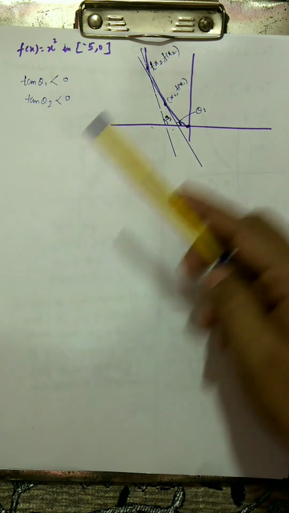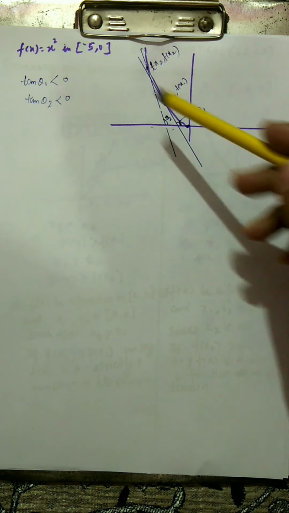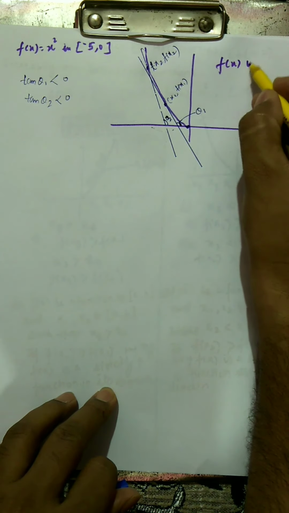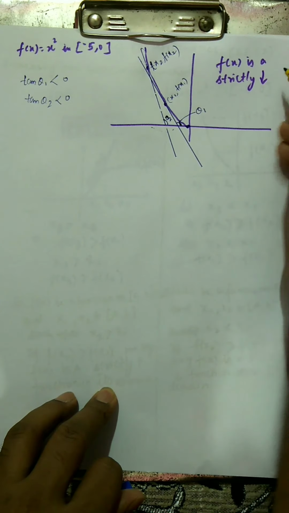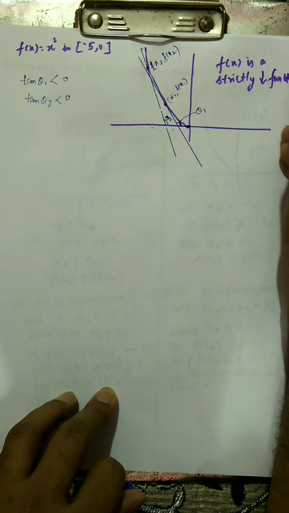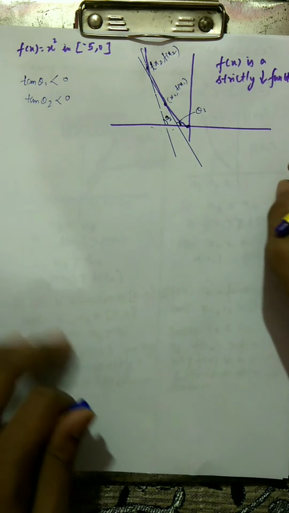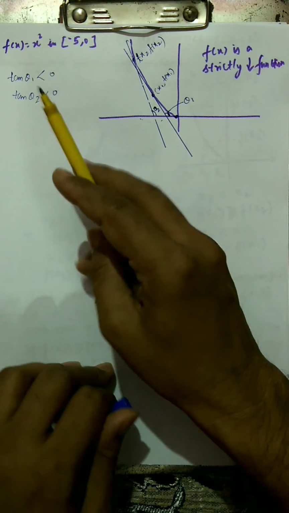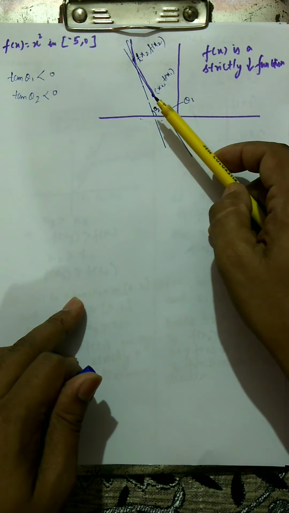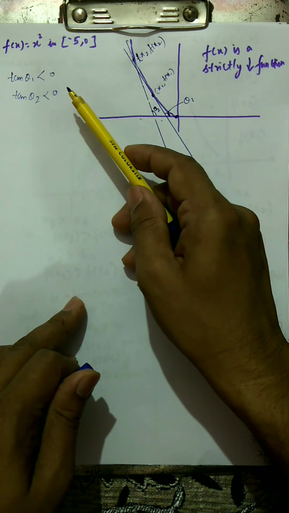So a very important observation comes: if f(x) is a strictly decreasing function, what's happening with the slope? The slope at point x1 is tan theta 1, which is negative.